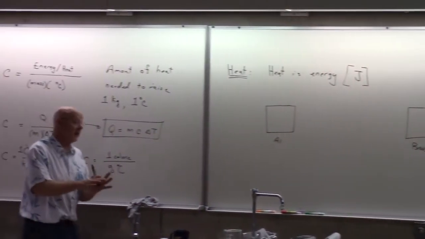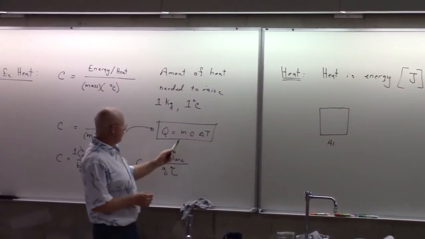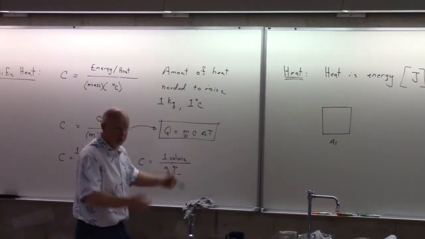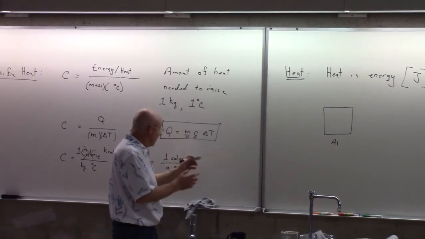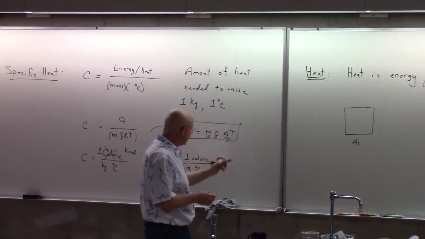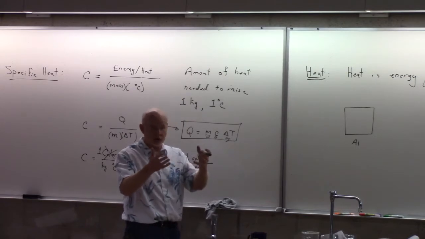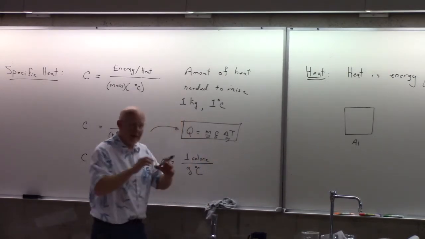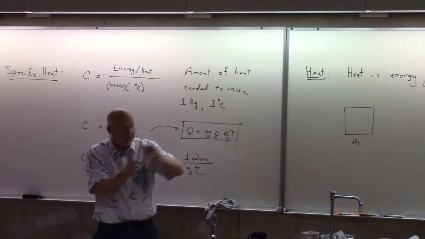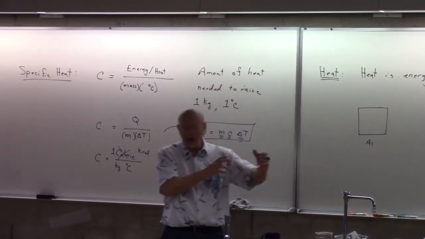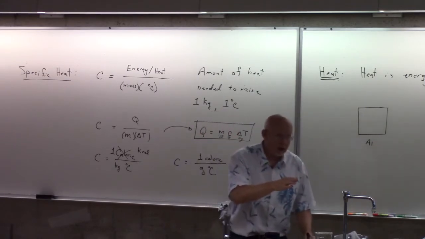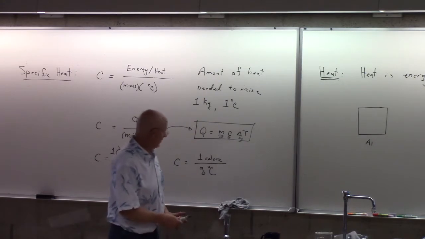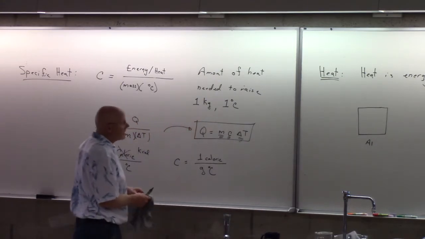If you had the mass of the ocean and the specific heat of the water, and the ocean warms up 1 or 2 degrees, you could multiply all of this and figure out how much energy must go into the ocean to warm it up 2 degrees. Or the other way around, how much energy has to come out of the ocean in order to cool down. All right, so that's our first step.